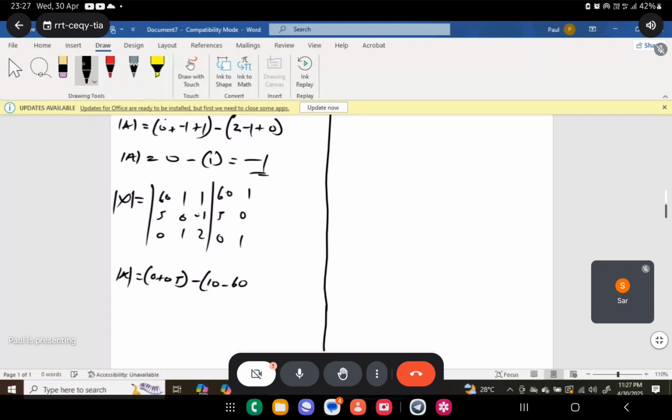So here we get 0 plus 0 plus 5 is 5, minus this side will give us minus 50. So 5 plus 50, which is equal to 55.